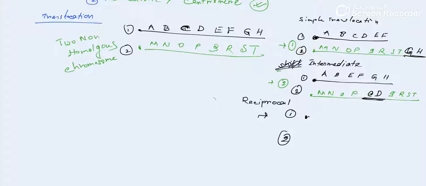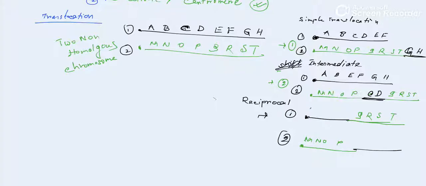In reciprocal translocation, one part of the chromosome, a half part, is attached in such a way that MNOP is here, but QRST has been cut from the terminal part and remains attached to the other.